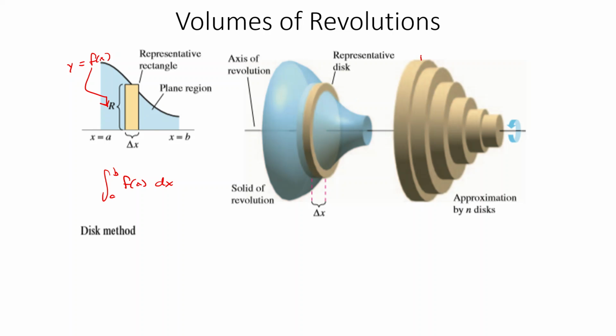And each cylinder will have a width of our delta x, and it'll be the volume of a cylinder, which is pi r squared times the height, where the height is our delta x, and our r will be the radius from the axis, or from wherever we're spinning around, up to the edge. All right, and that edge will often just be our function f of x. And then, don't forget to have the pi out there, and we'll integrate that from a to b again.